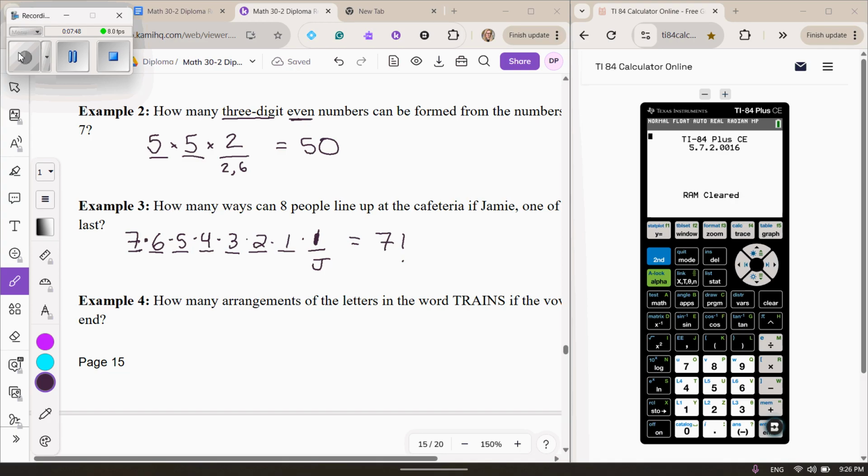We're going to put the 7 in first, and then we're going to go math over to probability, and then 4 for factorial. Okay, 5,040. A lot of different ways that Jamie can line up with her friends if she must be last.